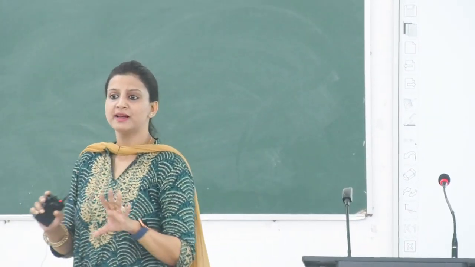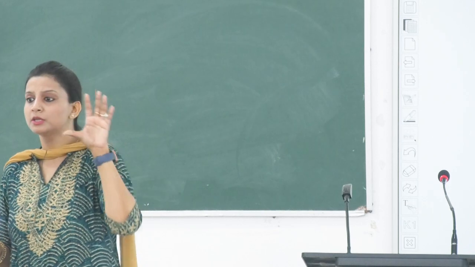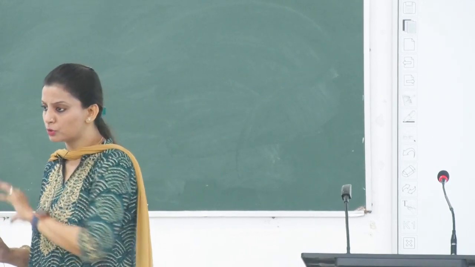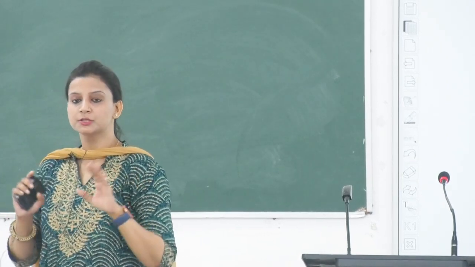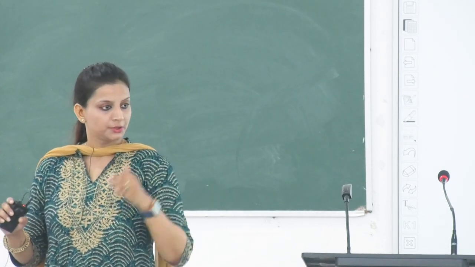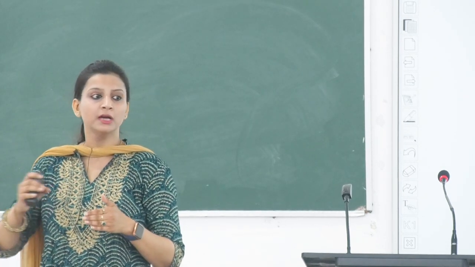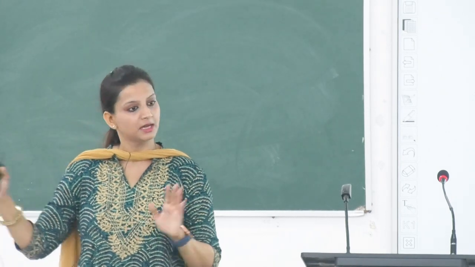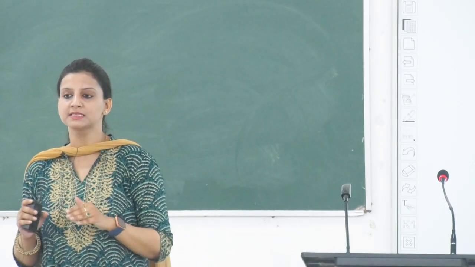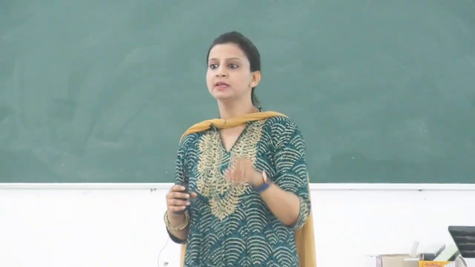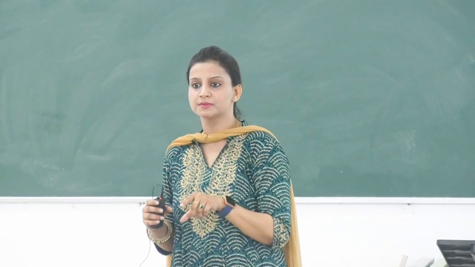What is the definition of balanced anesthesia? When you are giving drugs from different groups to get a smooth anesthesia in a short period of time for a longer duration. Understood? Clear? Balanced anesthesia is giving drugs from different groups.